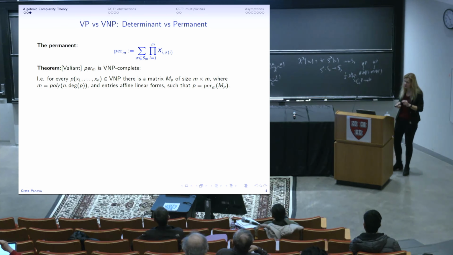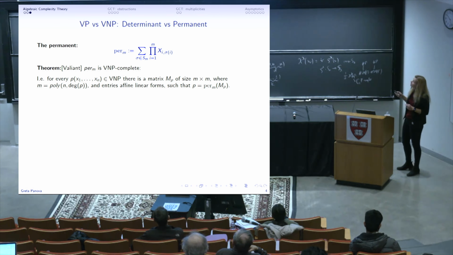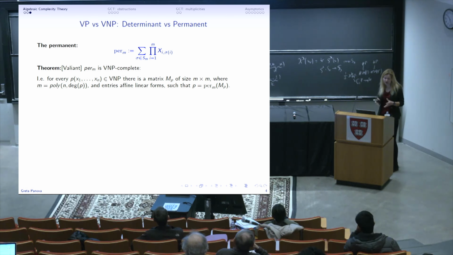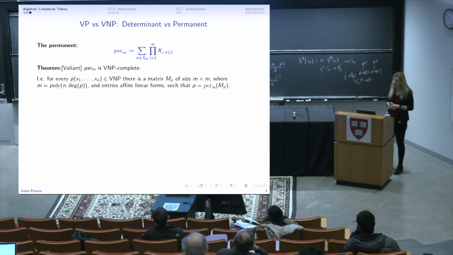First of all, it is in VNP, just from this presentation, basically: we can write it down in terms of these exponentially many monomials, and we can figure out its coefficients. But it is actually also VNP hard.